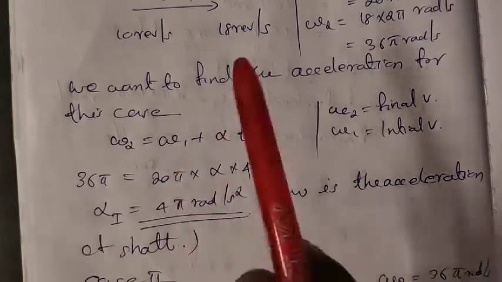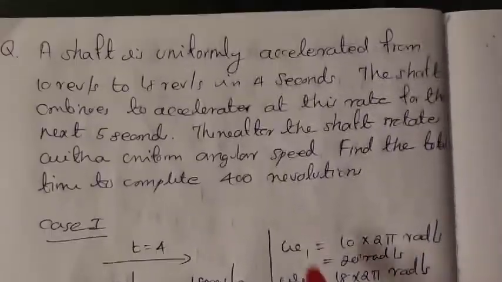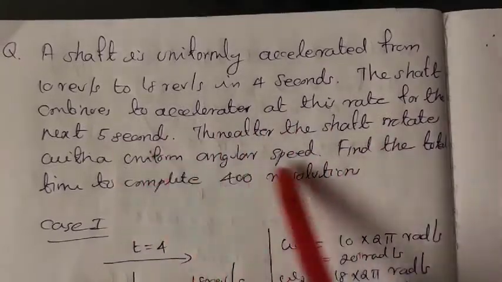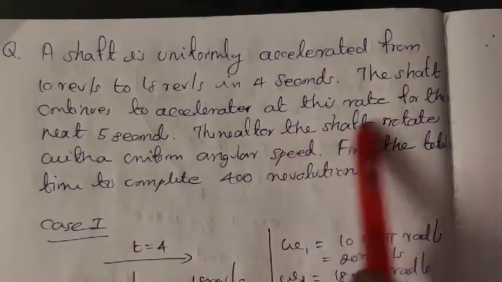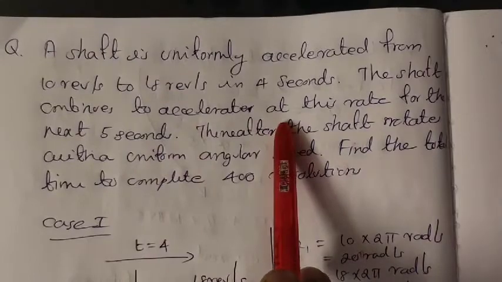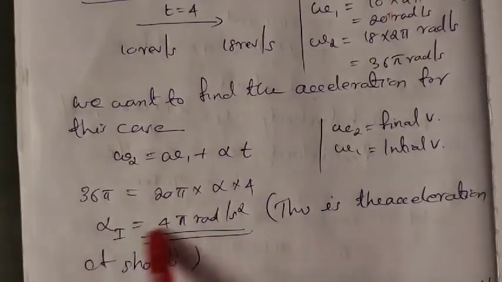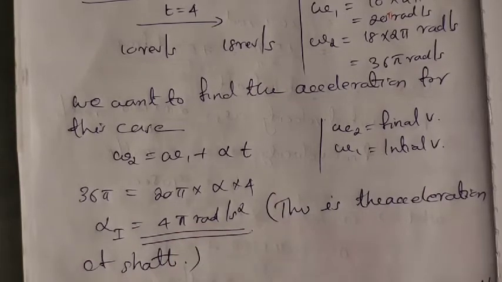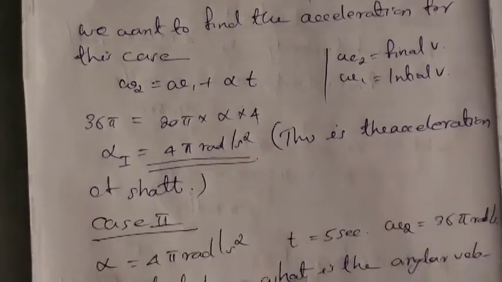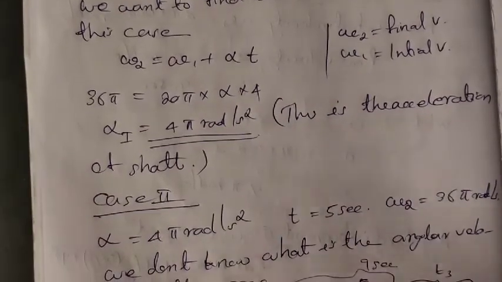The acceleration is constant, as stated in the question: thereafter the shaft continues its acceleration. So alpha is equal to 4 pi, and this 4 pi acceleration continues for the next 5 seconds. That is case 2.